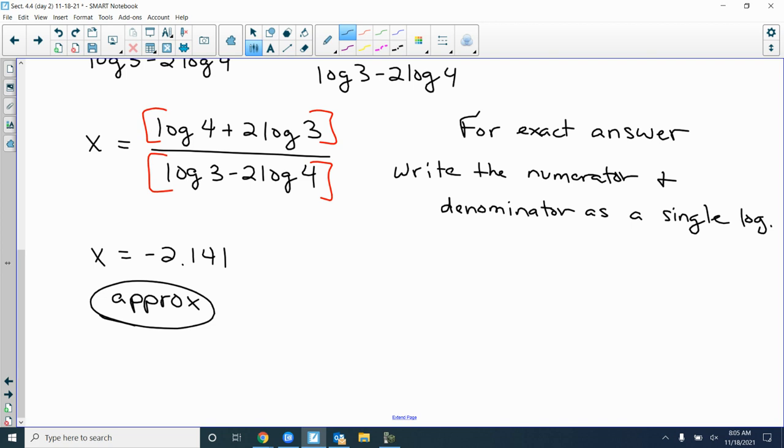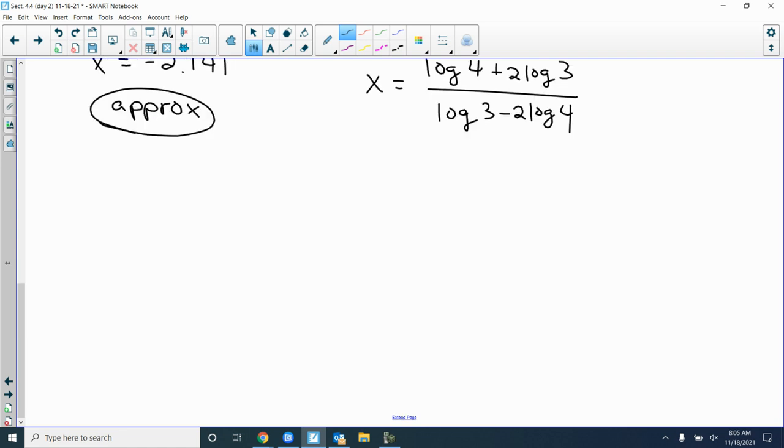I'm going to ask you for both answers at times. Sometimes I'll just say give me the decimal, sometimes I'll say give me both. So I'm starting with x equals log of 4 plus 2 log of 3 over log of 3 minus 2 log of 4.